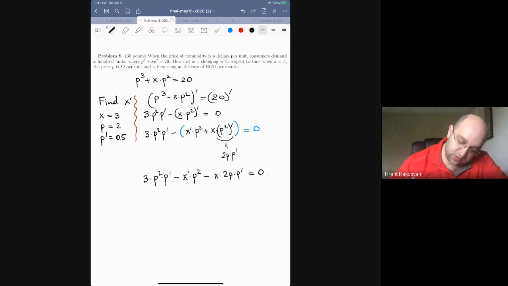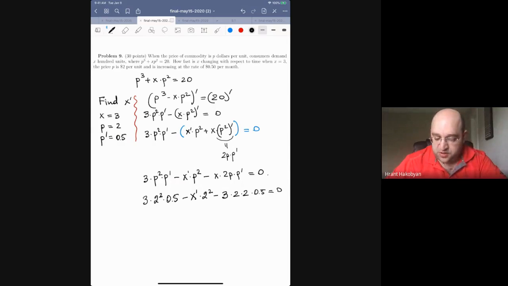So I'm going to get 3 times p is 2, so 2 squared, times p prime is 0.5, minus x prime times, again p is 2, so 2 squared, minus x is 3, times 2 times, again p is 2, times p prime is 0.5.